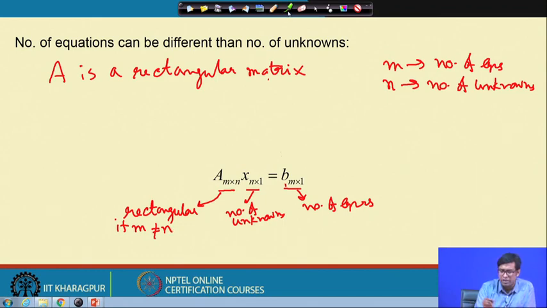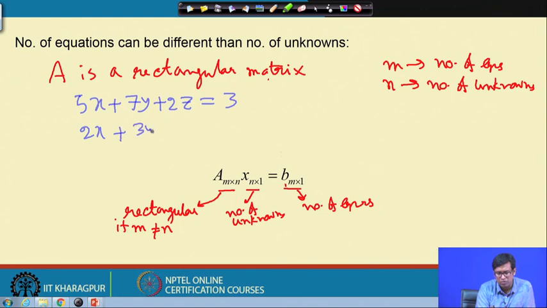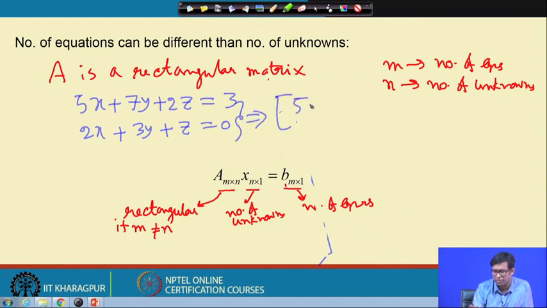We can get some examples like that. For example, if I have an equation 5x plus 7y plus 2z is equal to 3, and say 2x plus 3y plus z is equal to 0, I can express this as a matrix equation as 5, 7, 2, 2, 3, 1 and the number of unknowns is 3.